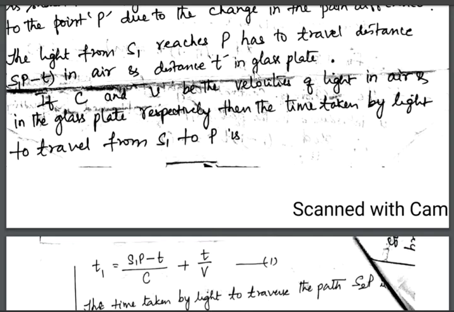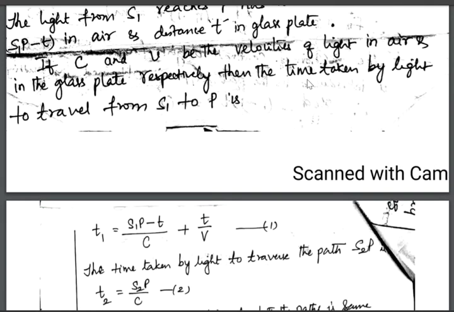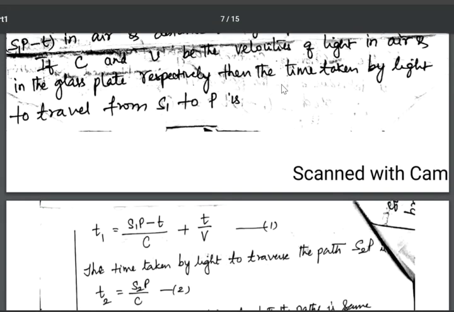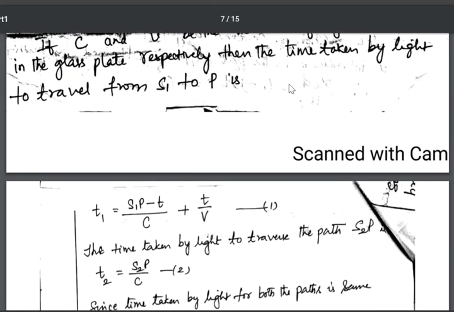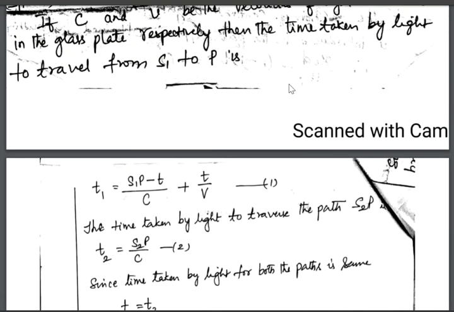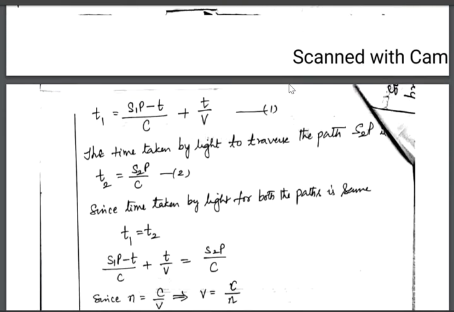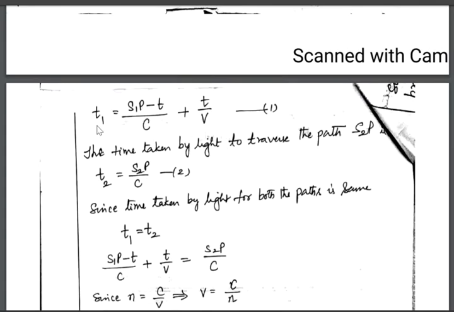If c and v are the velocities of light in air and in the glass plate respectively, then the time taken by the light to travel from S1 to point P is given by, let us call the time t1. The distance traveled in air is S1P minus t, divided by the speed of light in air, c.